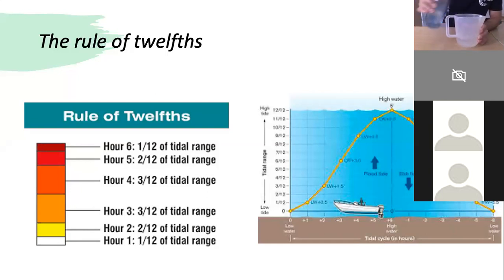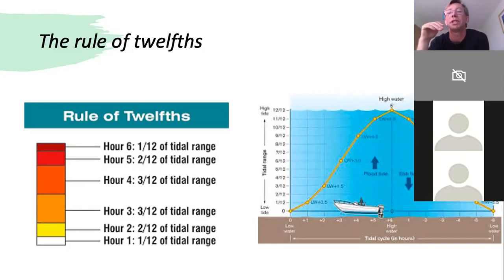Then 3/12, then 2/12, and then the last of the water comes out, and it's low tide again. So it actually takes just over 6 hours for the tide to come in, and just over 6 hours for the tide to go out. But it comes in and it gets faster, faster, faster, and then it gets slow again, and then it turns.